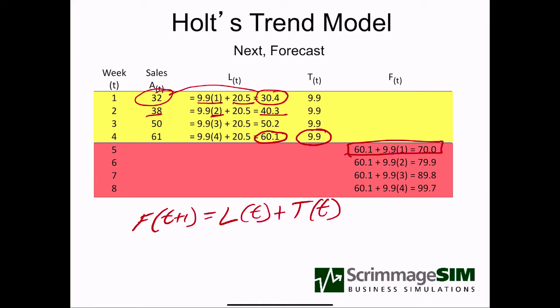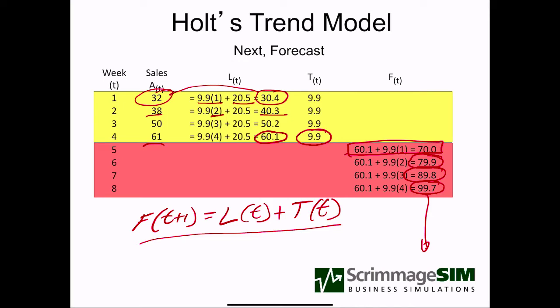We have a level of 60.1 and one period of trend gives us a forecast of 70. With Holt's model, we can expand this formula. If we go one more period in the future to week 6, we think the trend's going to add 9.9 to it, so our forecast is 79.9. Every period we move forward, every week we move forward, we add 9.9 to it. We would continue on until we get new data.